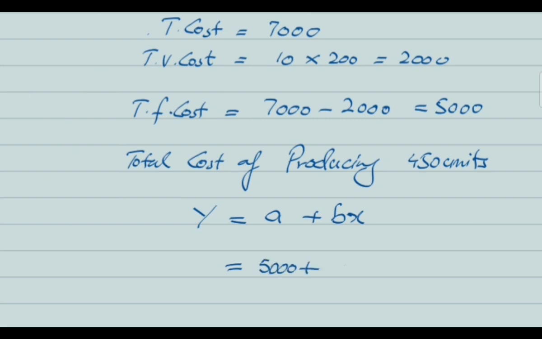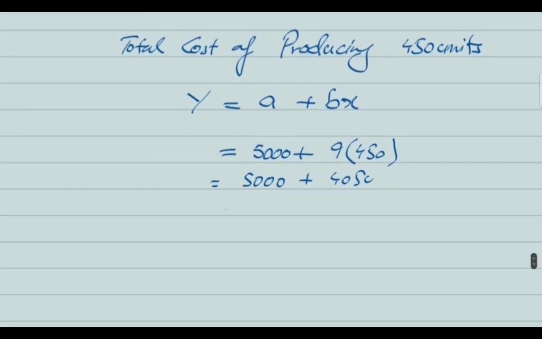Variable cost will be considered as $9 as the variable cost has fallen by 10% after the 350 unit activity level. We have to calculate the cost of producing 450 units. So 5,000 plus 4,050, the total cost of producing 450 units would be 9,050.